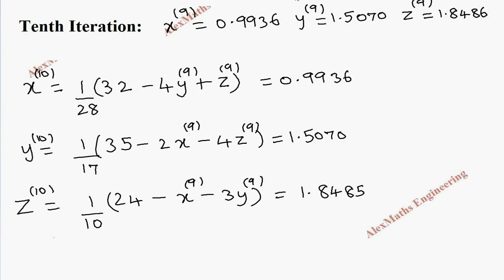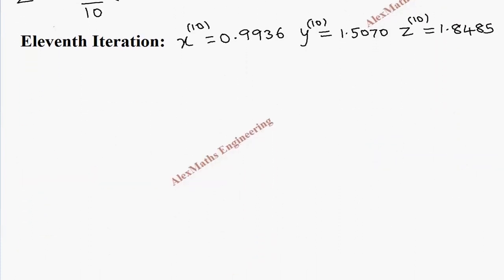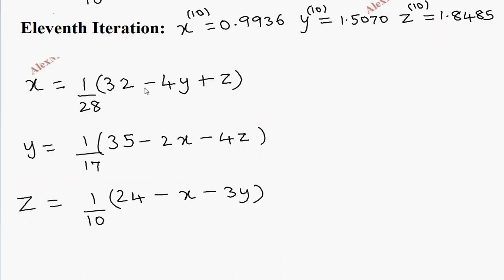So let's go for the 11th iteration. Let's copy all the 10th iteration values. After this, let's take the equations. Let's write x of 11, y of 11, z of 11, and all these use the 10th iteration values.